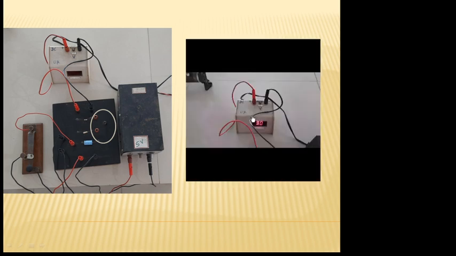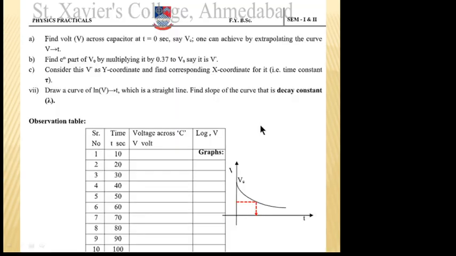As and when you release the key, you have to start the stopwatch, and for every interval of 10 seconds you have to note down the panel reading. That simple. So how is the observation table? The observation table will start from 10 seconds, because you can't note down the 0th second reading.